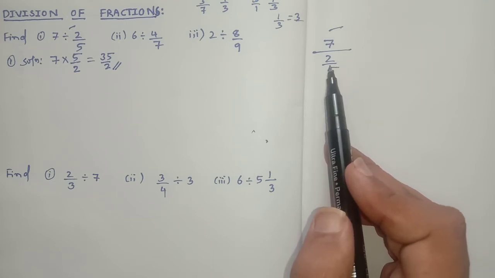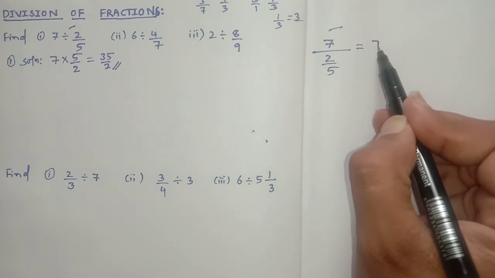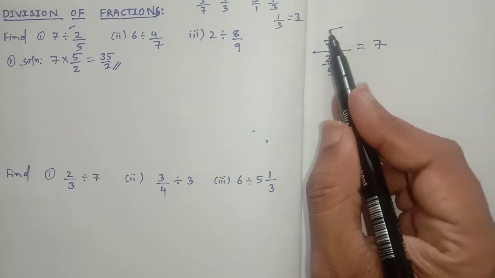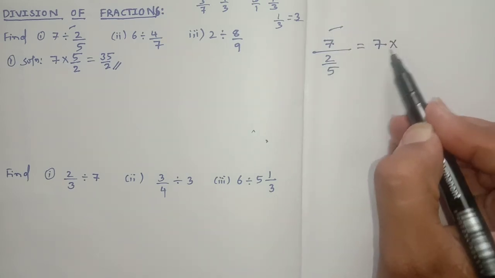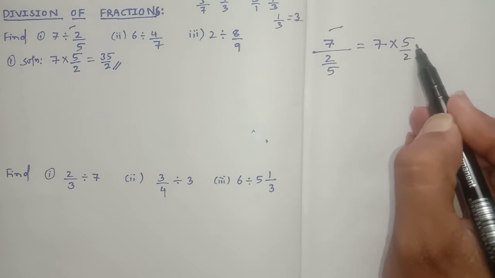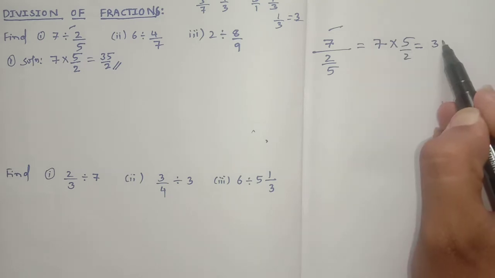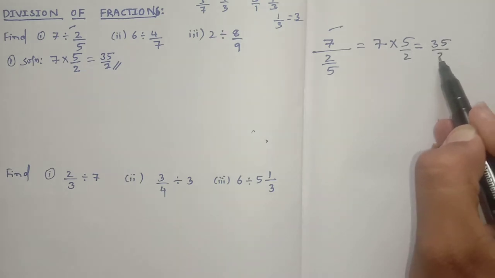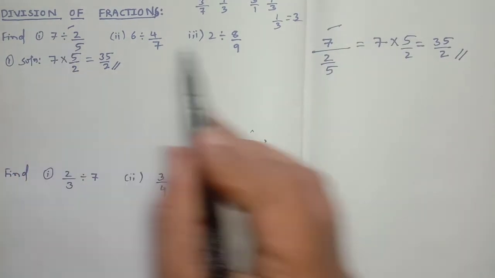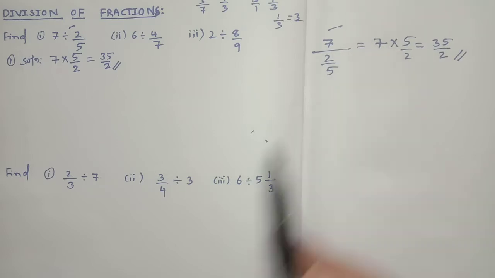If it is like this, then also we have to solve like this only. This 7 will be as it is. Then we take this value upside down, it will reciprocate, 5 by 2. Answer will be 7 into 5, 35 divided by 2. So this one and this one have the same meaning, student. It is not different.